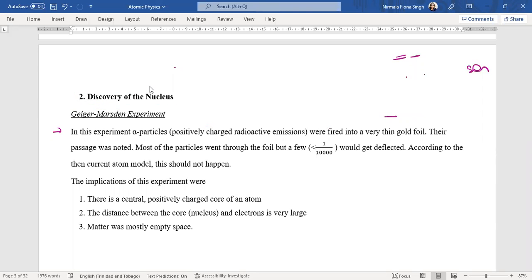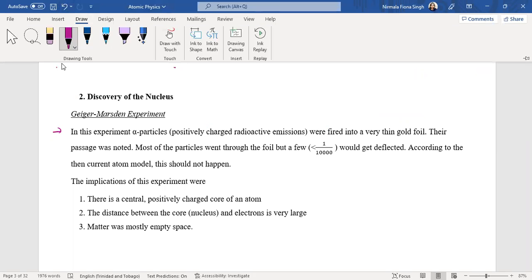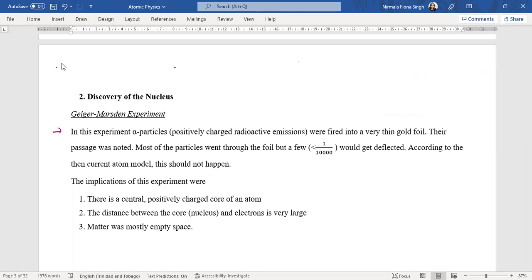All right, so we have an alpha particle. An alpha particle is a radioactive emission, as in it's radioactive. Basically, it's a little packet of 2 protons and 2 neutrons. It is a little particle that has 2 protons and 2 neutrons that flies through space at a very high speed.